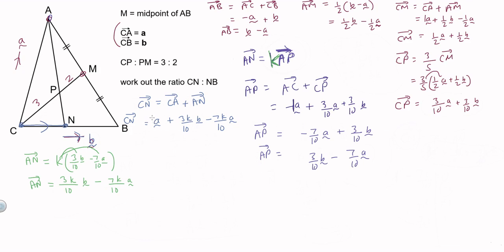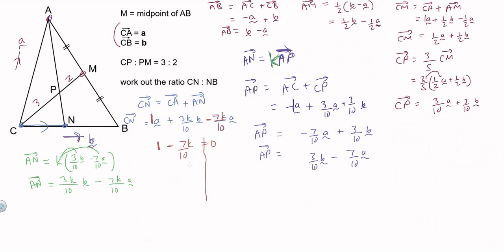So what I'm going to do is put a 1 there just to help you. See this 1 over here, I'm going to do it in a different color. This 1a minus 7 tenths, or 7k over 10, does not exist. It's 0. So what I'm trying to say is this 1 minus 7/10 k is actually equal to 0. I need to find the value of k. I need to solve it.